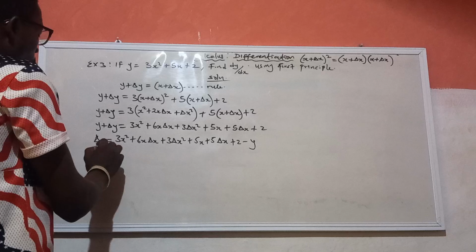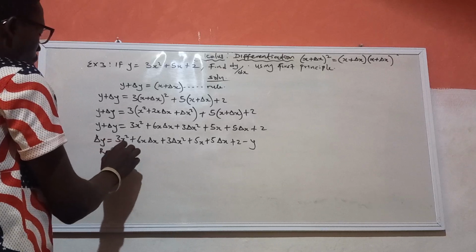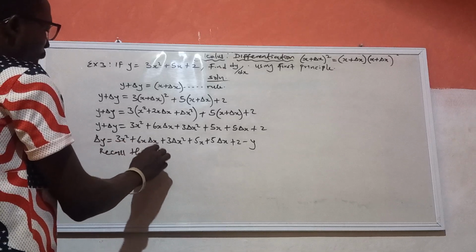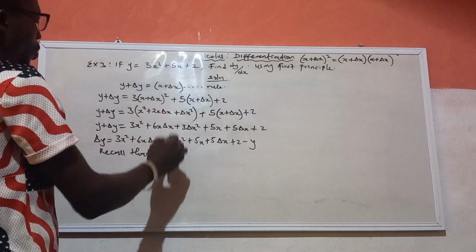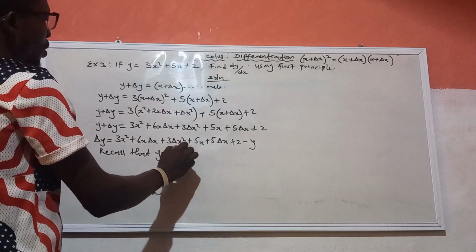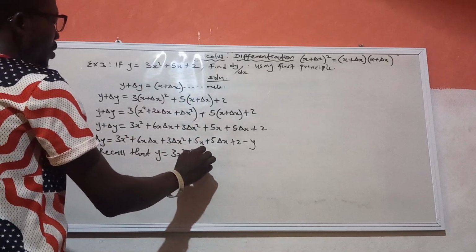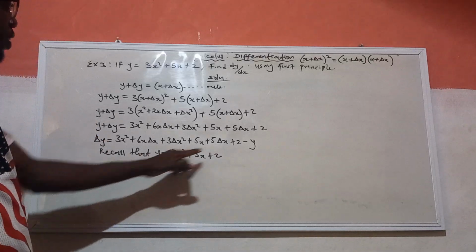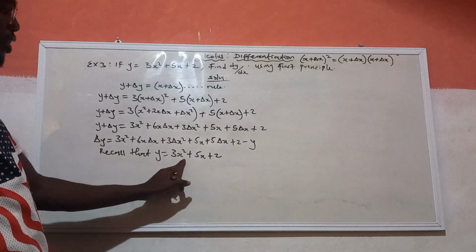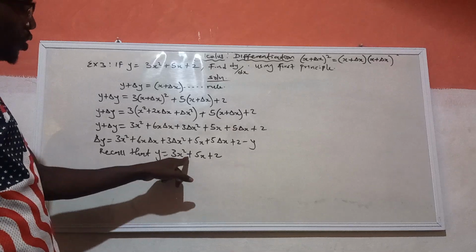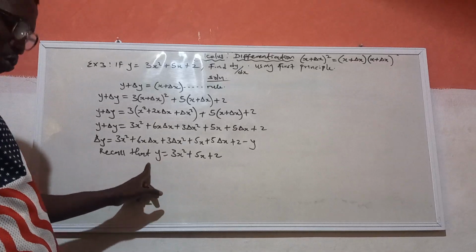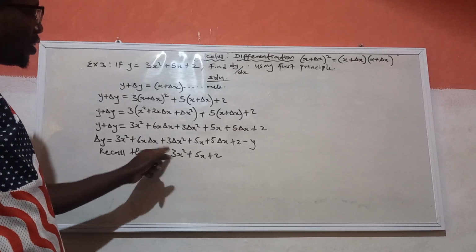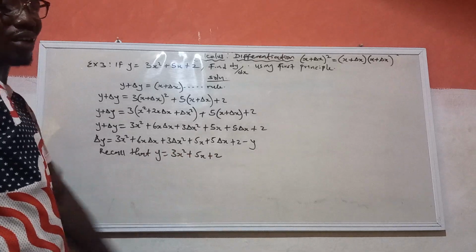So I will now recall that y equals the question, 3x squared plus 5x plus 2. So I will remove this y and write this there, because they said y equals this. Anywhere you are seeing y, replace it with 3x squared plus 5x plus 2.